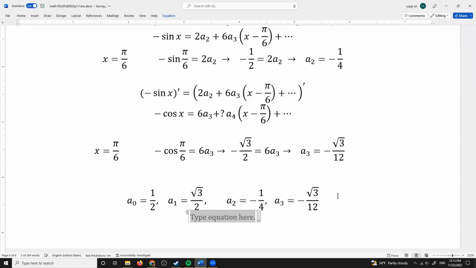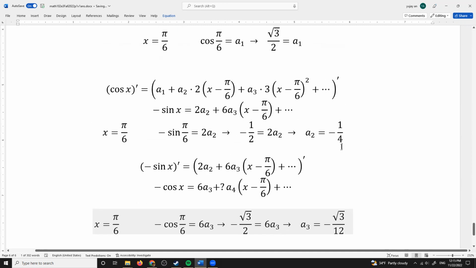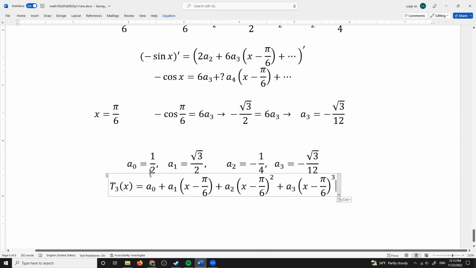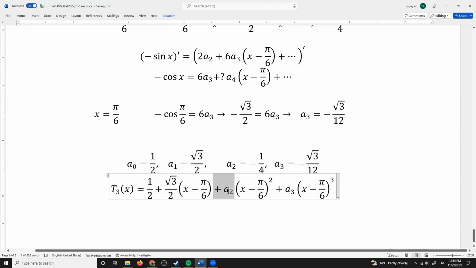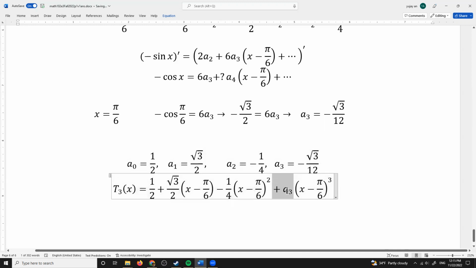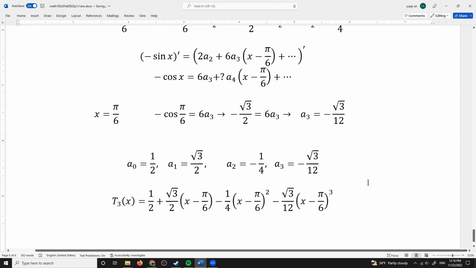So the Taylor polynomial of degree 3 of sine x would be this thing here, truncated at the third degree, but with all these a0, a1, a2, a3 replaced by what we found. So that's the final answer. And this truncation will be a good approximation of the sine x function near pi over 6, or 30 degrees.